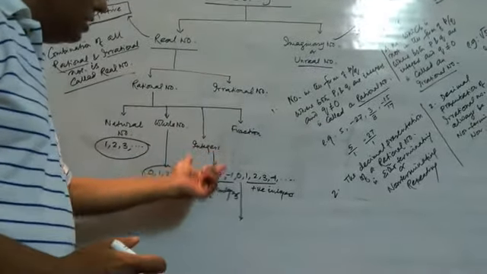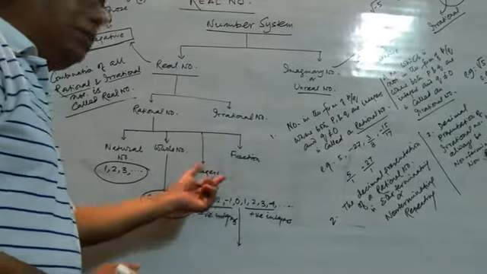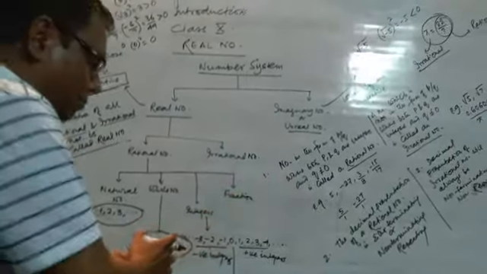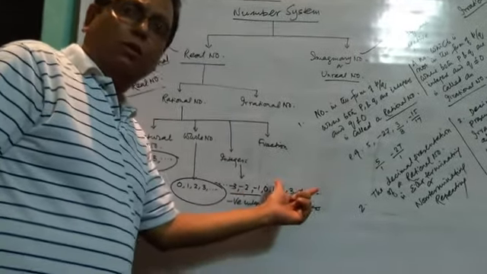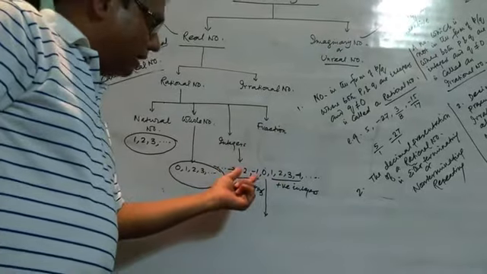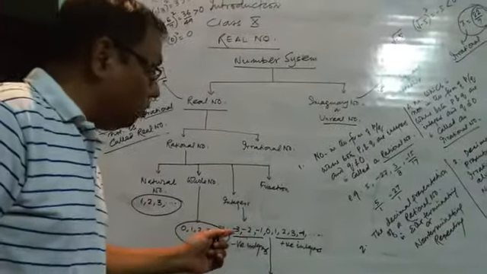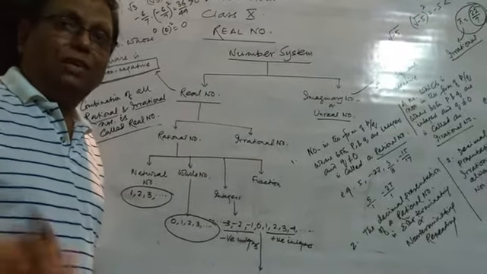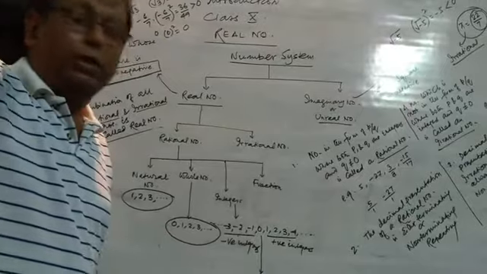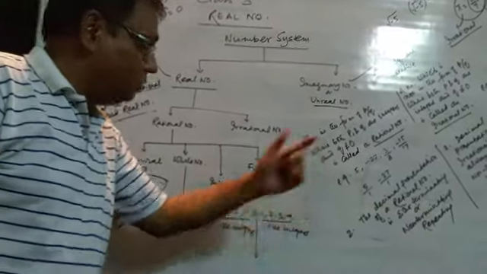So, integers consist of three parts: negative integers, zero and positive integers. What is an integer? All whole numbers including the negatives of naturals. All whole numbers means 0, 1, 2, 3, 4, dot dot dot. Negatives of naturals: -1, -2, -3, dot dot dot. If it is asked, what is the smallest integer or the largest integer, we don't know.